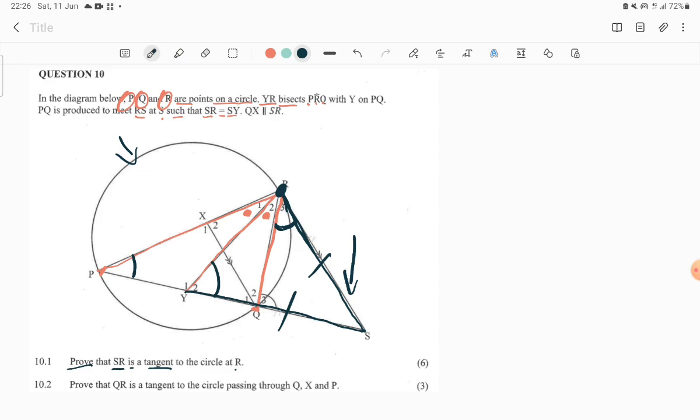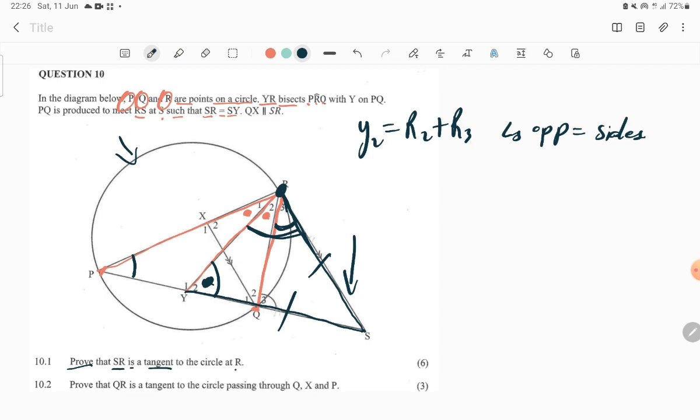Now, the idea is to remember that in the information given, we have Y2, which is this angle, equal to this whole angle. So Y2 is equal to R2 plus R3, since these are the angles opposite equal sides.